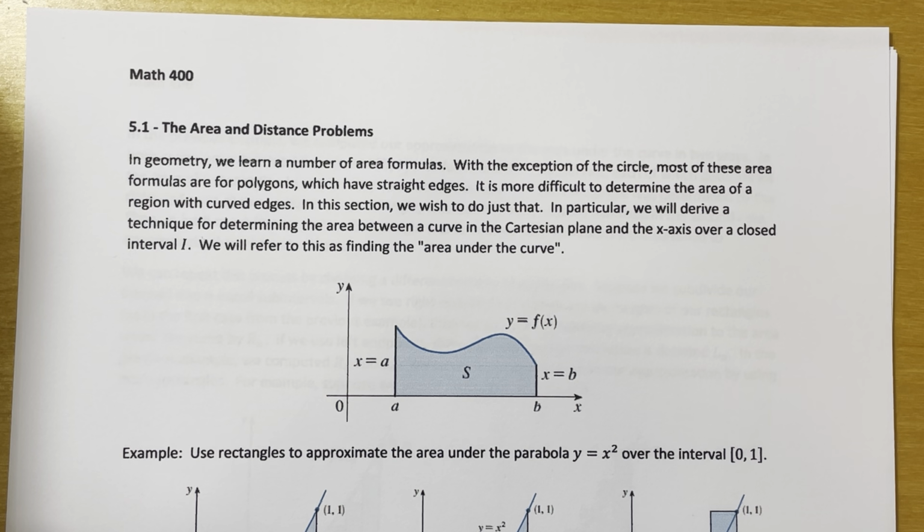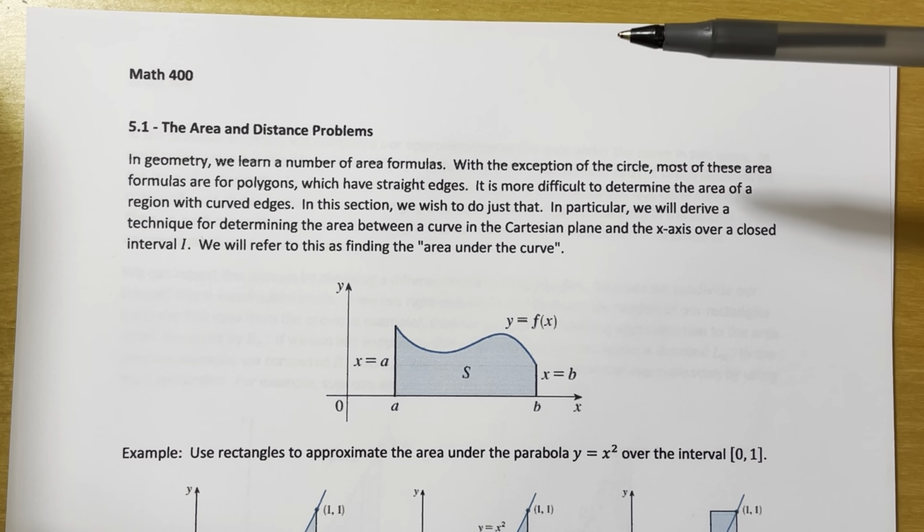What's difficult, though, is finding area formulas for shapes that have curved sides. With the exception of the circle, in geometry, it's unlikely that you would have dealt with the area formulas of any other curved shapes, unless I'm forgetting something. So in this section, we're going to explore that concept.